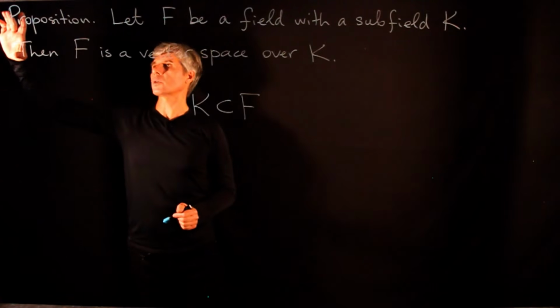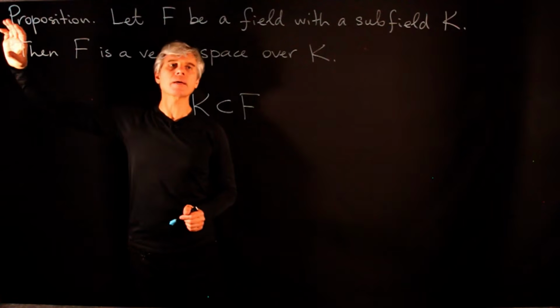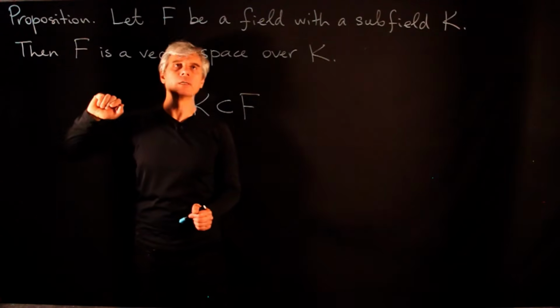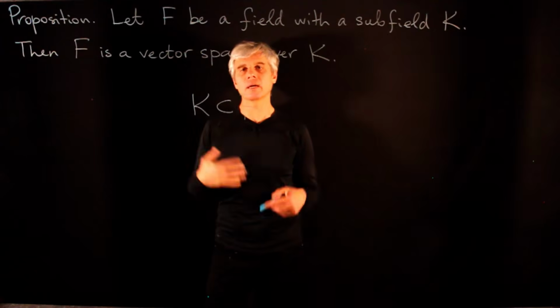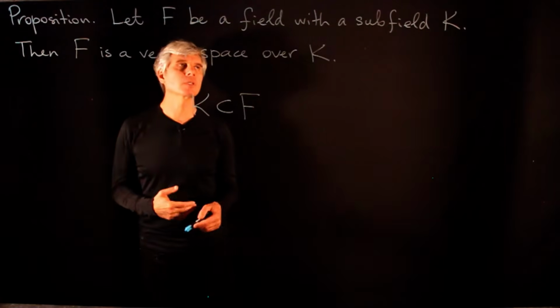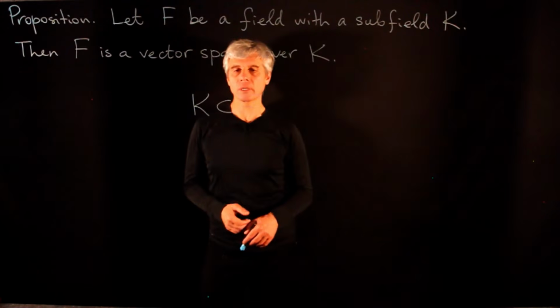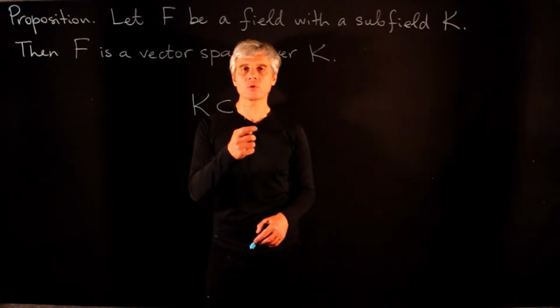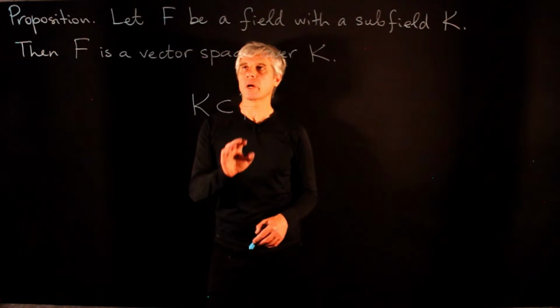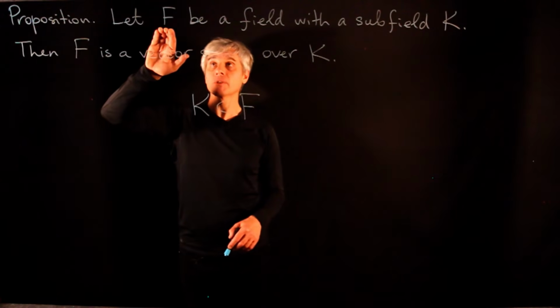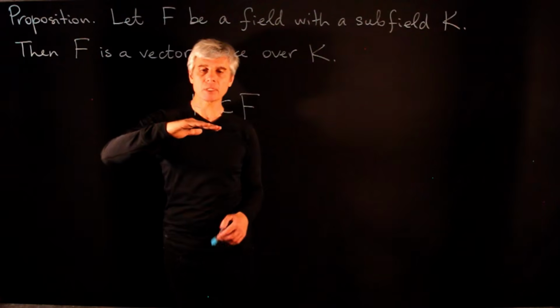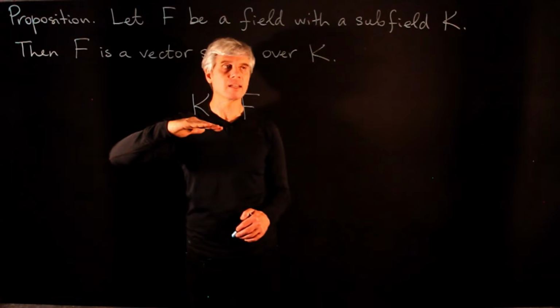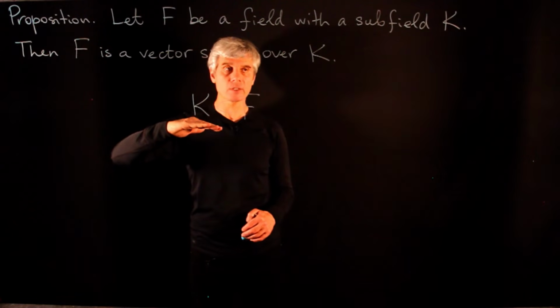so this whole proposition is just a matter of point of view. So F is a field. So here we can add elements of this field and multiply elements of this field. What we're going to do is change our perspective. We're going to think of elements of the field F as vectors and elements of the smaller field K as constants or scalars.